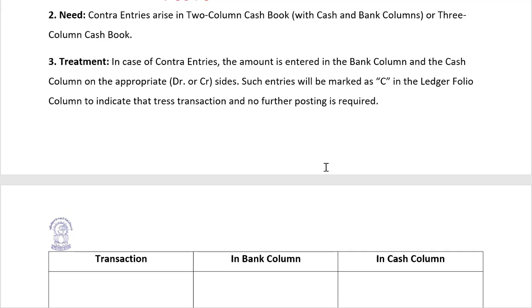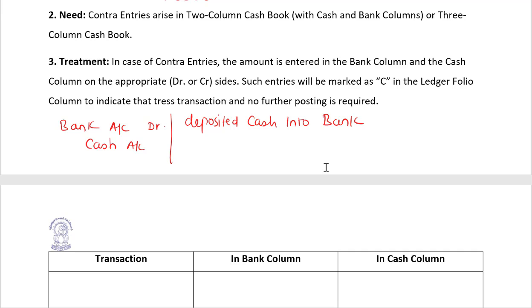In simple terms, suppose you deposited cash into bank. You will pass the entry as bank account debit to cash account. This is a contra entry.